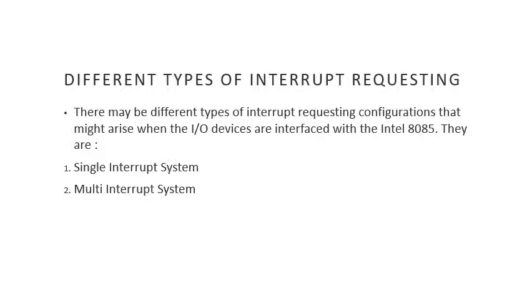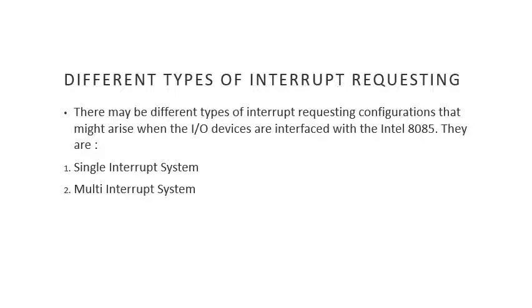Next, we will see the multiple interrupt system. If the microprocessor has multiple terminals and to each interrupt terminal one I/O device is connected, it is known as the multiple interrupt system. Here, the total number of external devices to be linked with the interrupt lines should be either equal to or less than the total number of interrupt terminals.